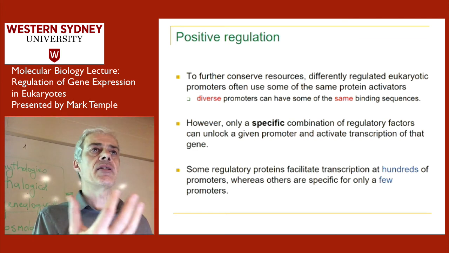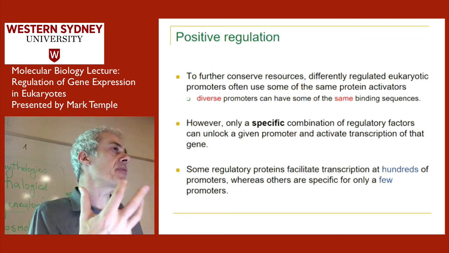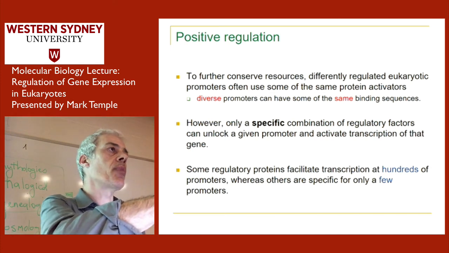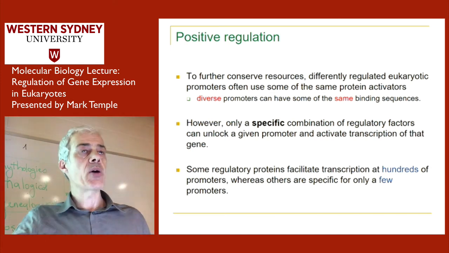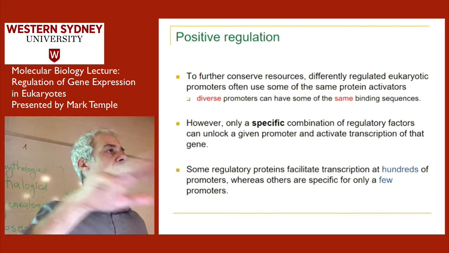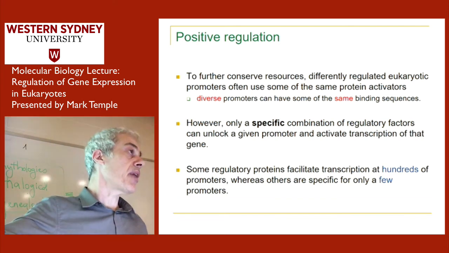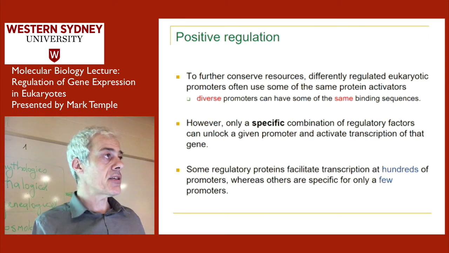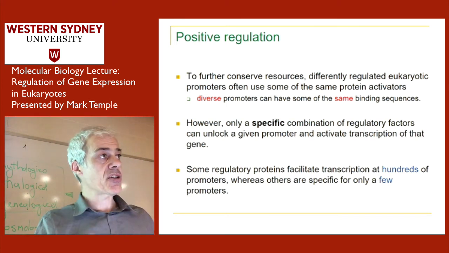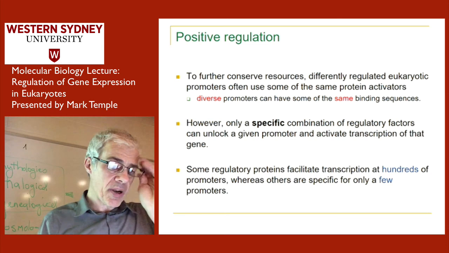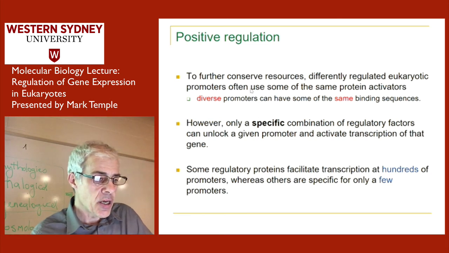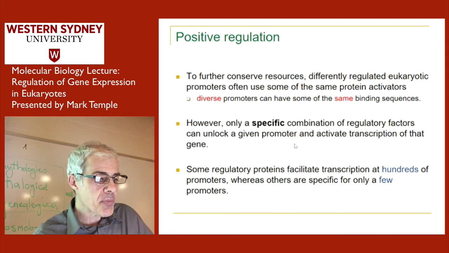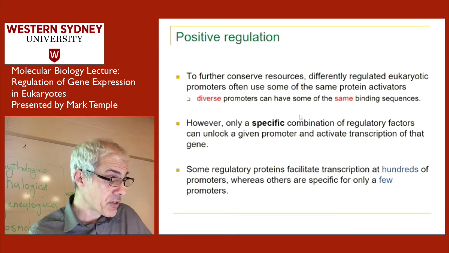So there might be, say, 5 or 6 transcription factors which all bind within the vicinity of a promoter to turn it on. And there might be another promoter that has 3 or 4 of those binding sites in common, but then some additional binding sites. So it's this idea of a combination of transcription factors that regulate gene expression. Okay, so it's a bit more complex when you're doing these studies. So diverse promoters can often have similar sequences, but it's the specific combination of sequences that matter.